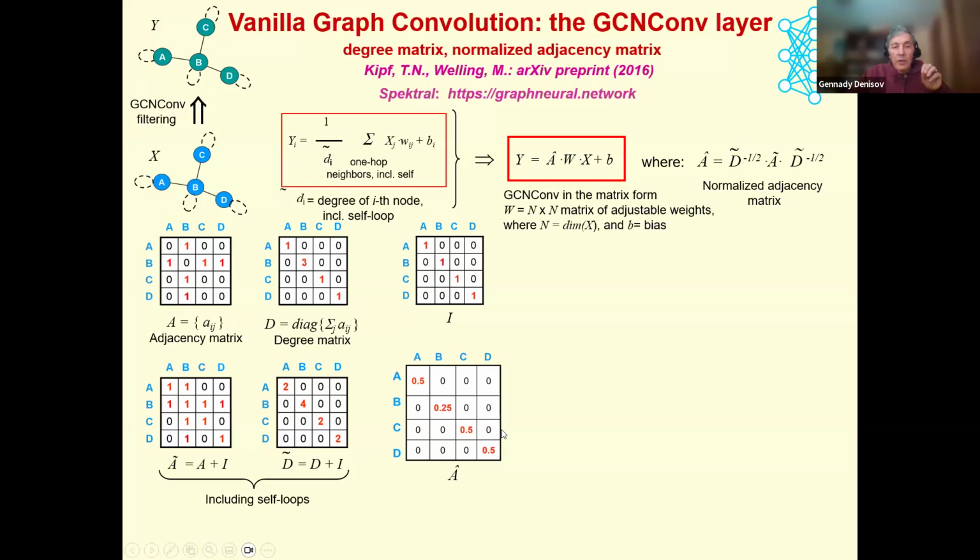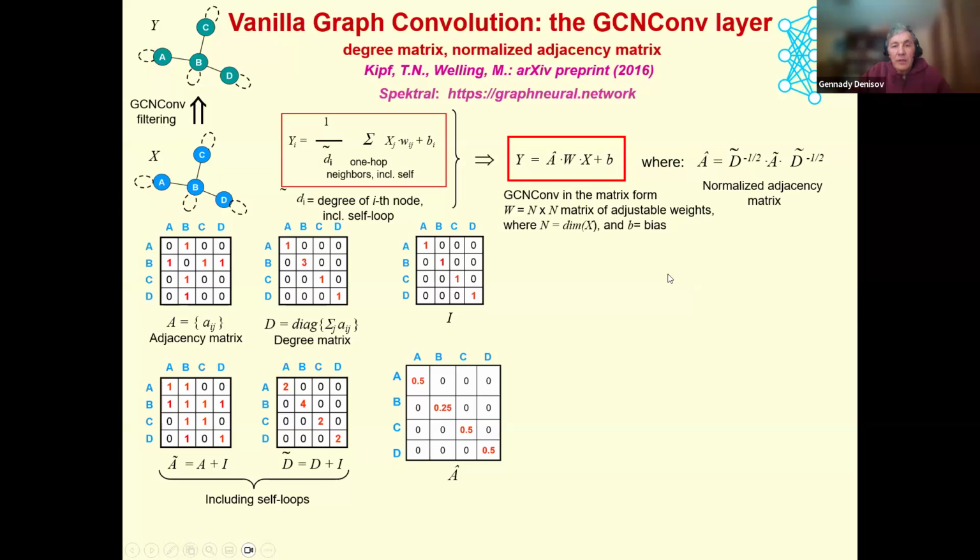And then we compute the A hat, which is obtained by multiplying D tilde to the power minus 1/2, then A tilde, and D tilde to the power minus 1/2.